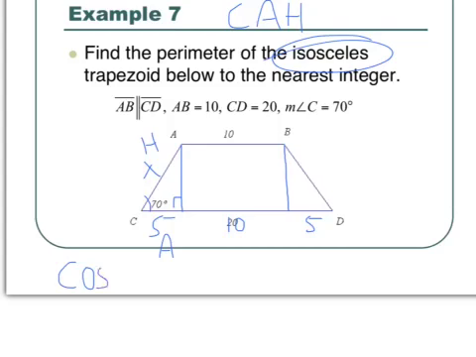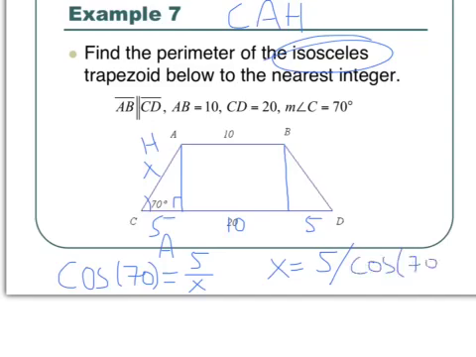So I have cosine of 70 degrees equals, well, the adjacent is 5 over x. And we remember from before, we would multiply by x on both sides and then divide by cosine of 70. So x is going to equal 5 divided by cosine of 70. And I'm writing it like that because that's how you'll plug it in your calculator.